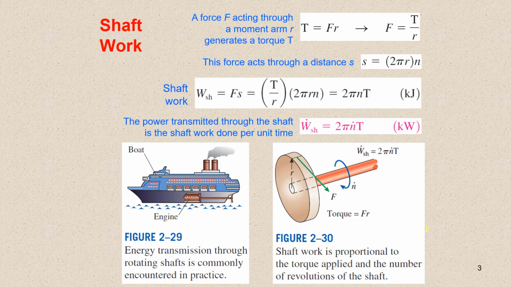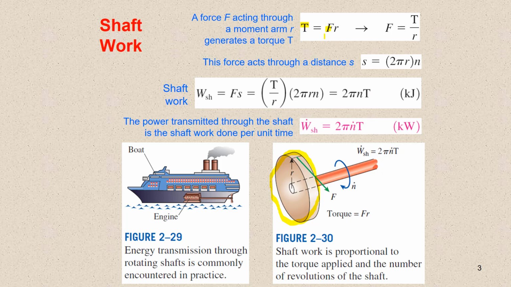Now let's look at shaft work. Energy transmission with a rotating shaft is very common in engineering practice. Often the torque T applied to the shaft is constant, which means that the force F applied is also constant. For a specified constant torque, the work done during n revolutions is determined as follows.